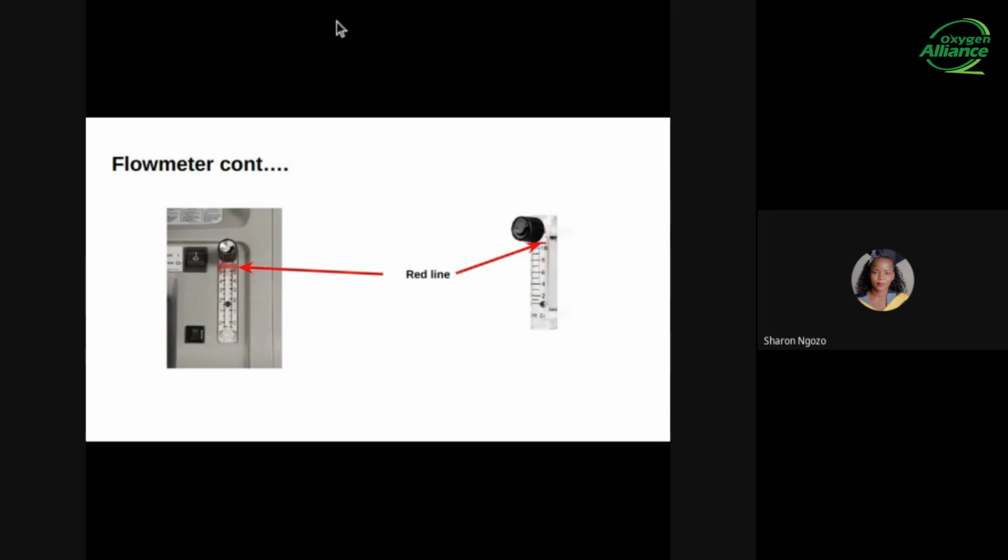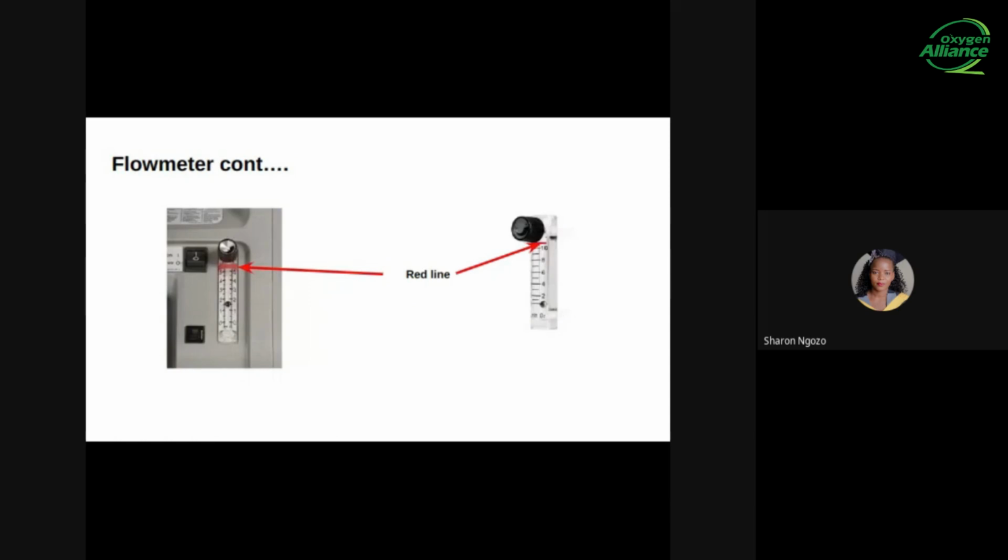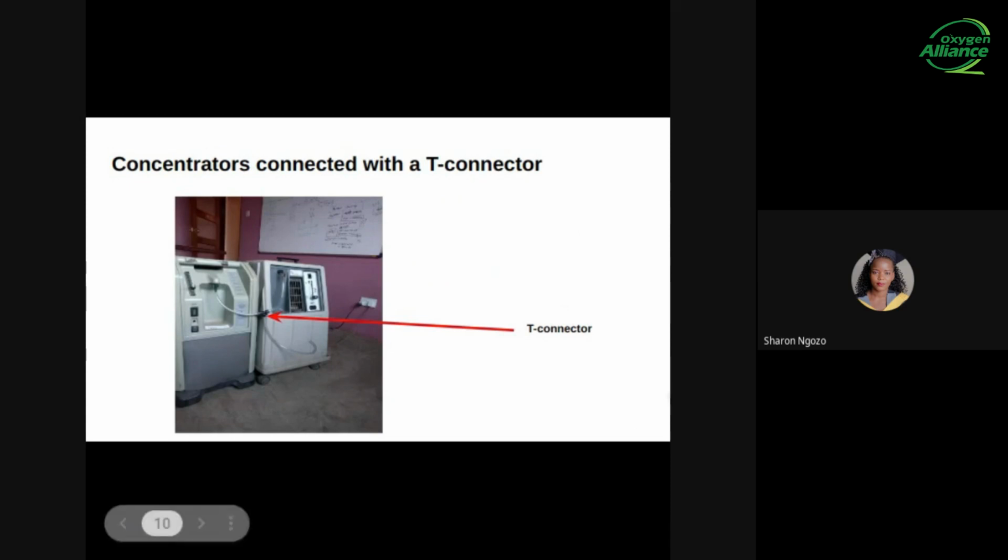The best way to solve this is to use a 5-liter concentrator when you need to deliver a flow of 5 liters per minute or less to a patient. If you have a patient that needs more than 5 liters, then you have to use an 8-liter or a 10-liter concentrator. Or you can combine two concentrators.